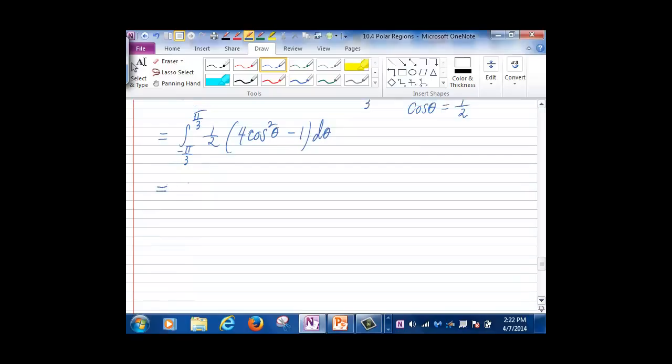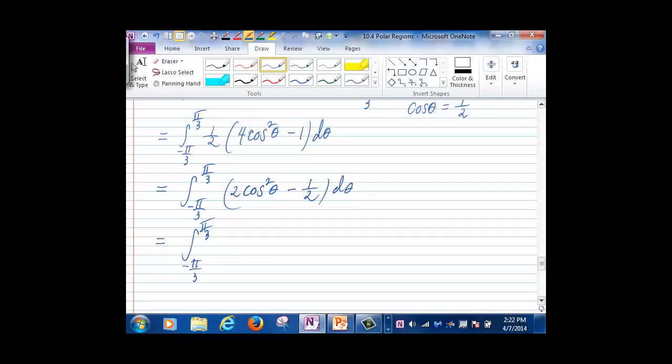Multiplying out with the half, we get 2 cosine squared theta minus a half. What should I do about cosine squared theta? If I want to integrate that, remember, for even powers of sine and cosine, what trick is used?